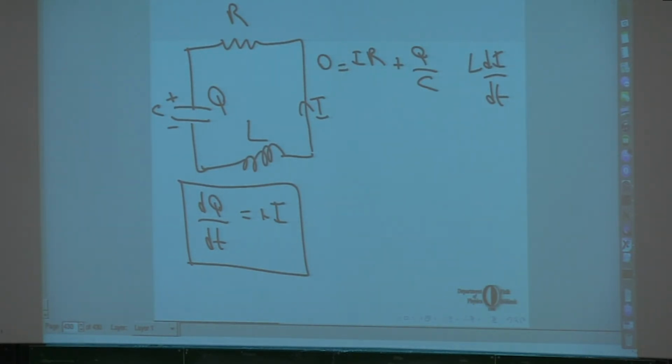Let's determine the sign for the case where di by dt is less than 0. Does the inductor try to force the current in the counterclockwise sense or in the clockwise sense? It will force it in the counterclockwise sense.